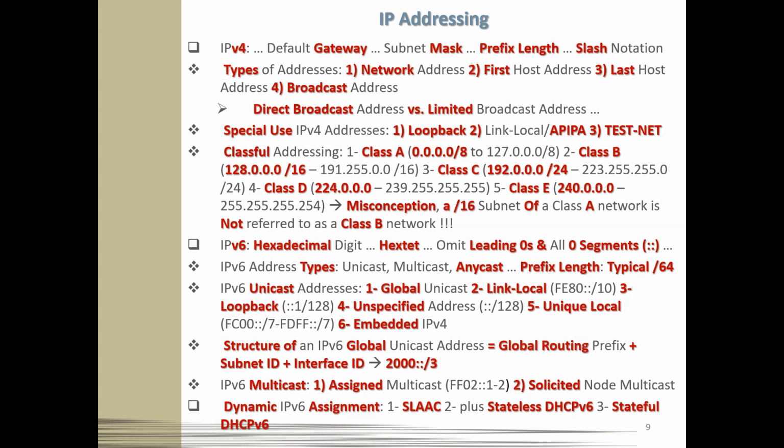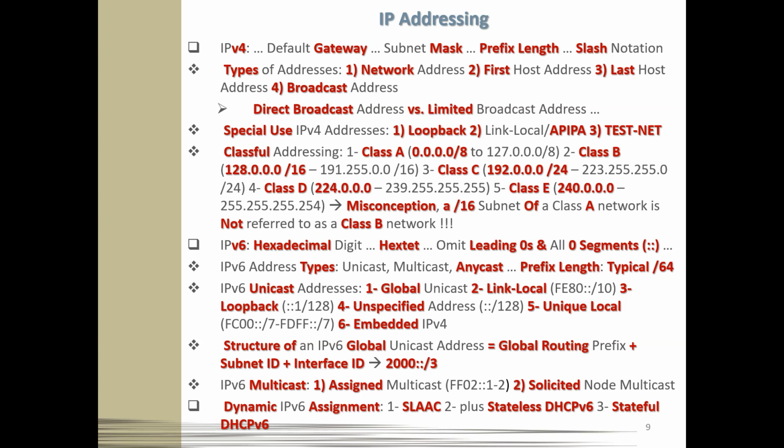We also have other well-known multicast groups in IPv6, FF02::5 for all OSPF version 3 routers, and also FF02::A, all EIGRP IPv6 routers. So EIGRP for IPv6 uses this specific multicast group.